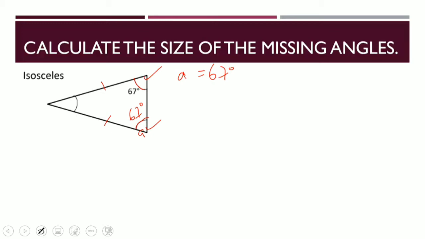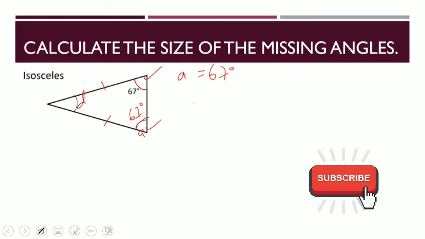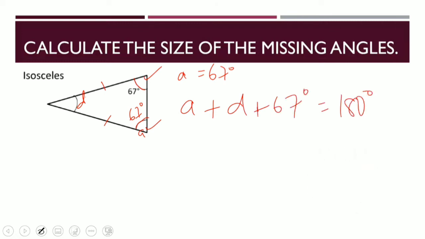All right, now we have one final angle to find. Let's just call it D. Same principle. We know that all three angles should add up to 180 degrees. We do know that A is 67 degrees, so we put that in.